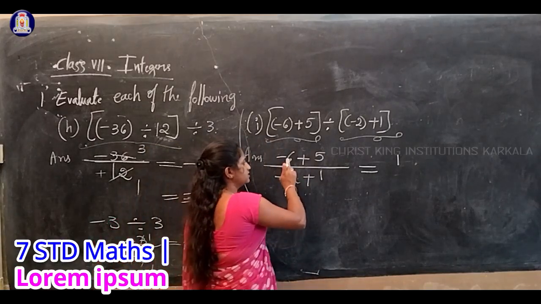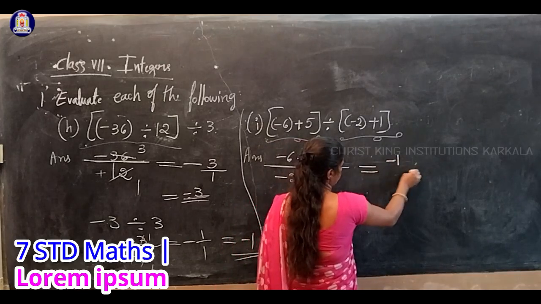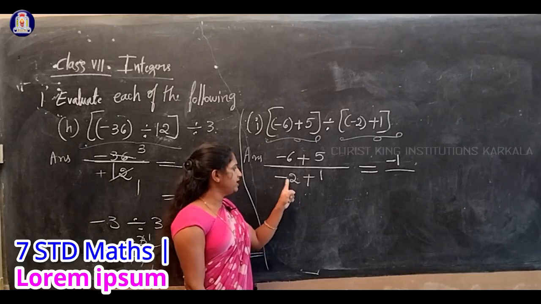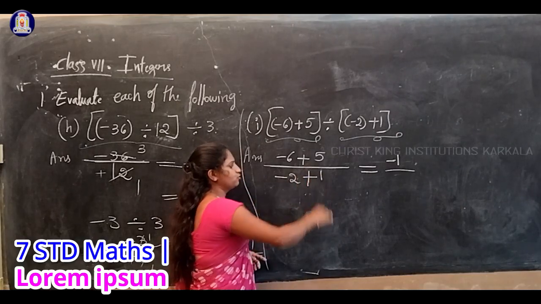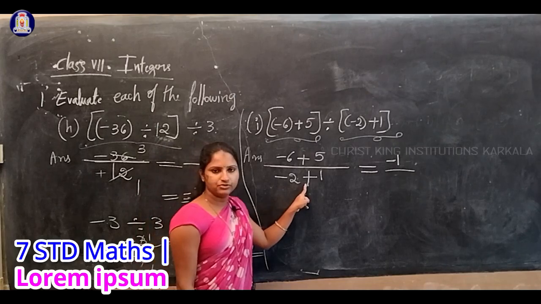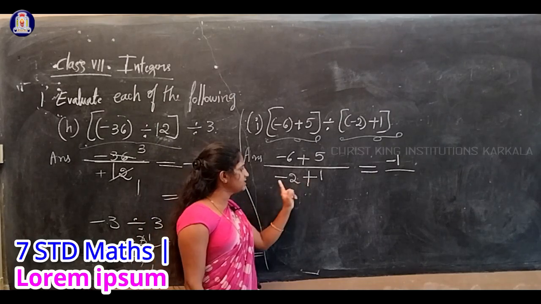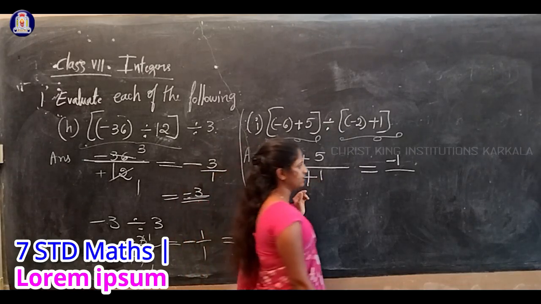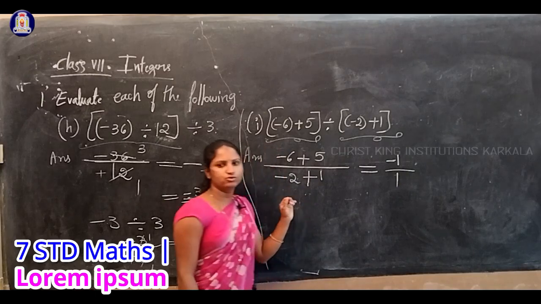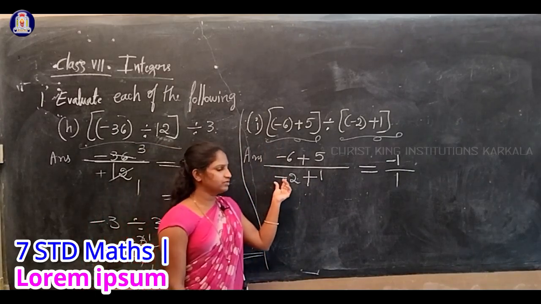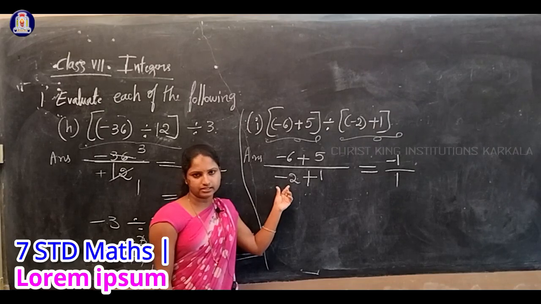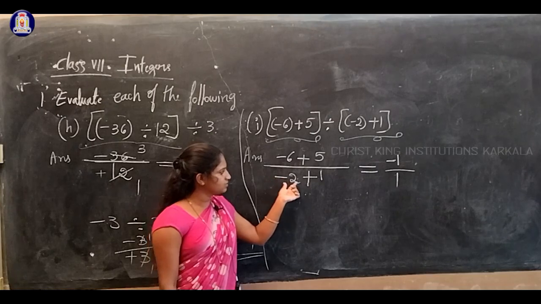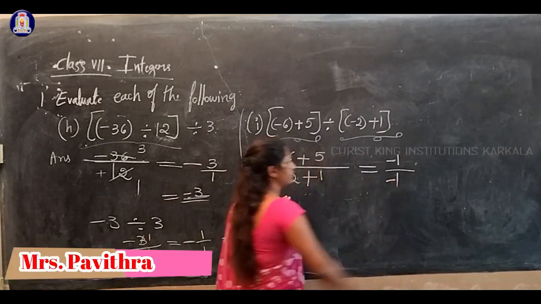Which is the greater number? 6. What is the sign? Minus. So minus 1 by the denominator, minus 2 plus 1. Different sign, subtraction. So 2 minus 1 is 1. Which is the greater number? 2 is greater, so the sign is minus.